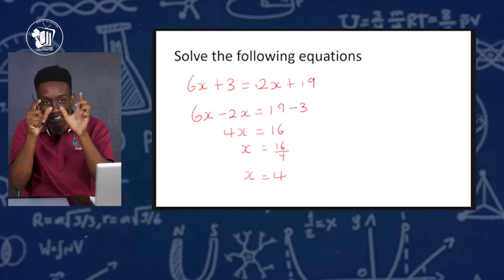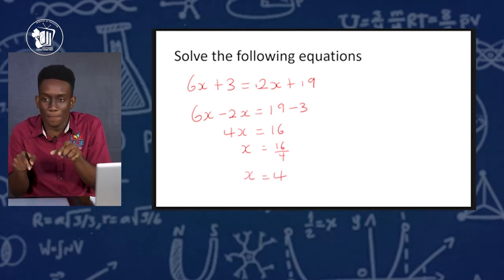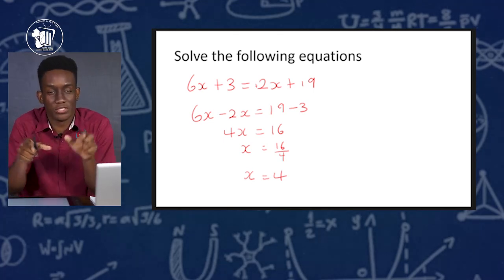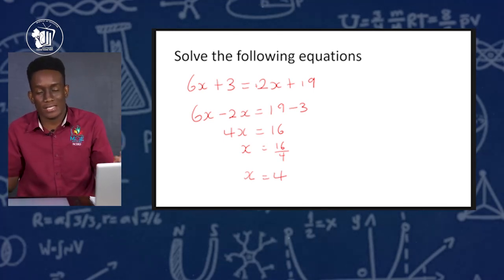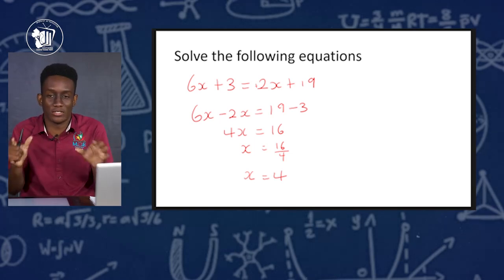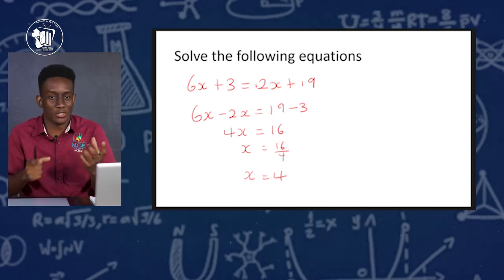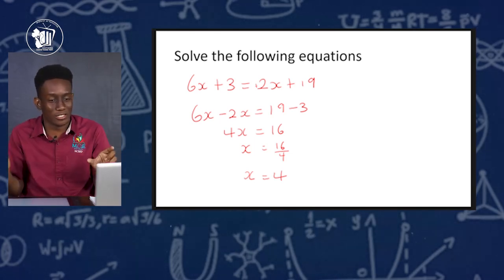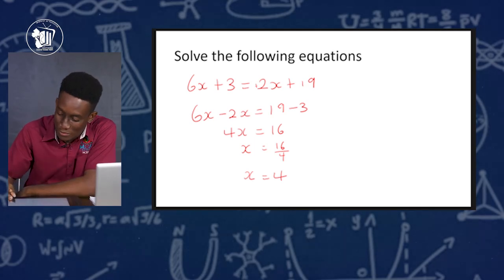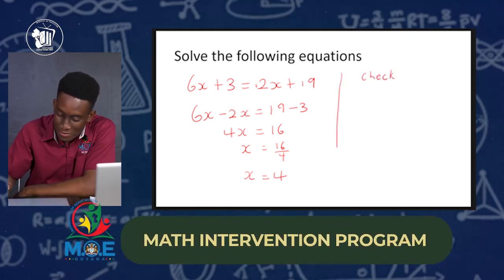And once again, we can check. We can put in this value of 4 in the original equation to see if it will be balanced. You don't have to do this. This is just a check to make sure whatever you did is absolutely correct. So let's check. 6 times x, and we know the value of x is 4.